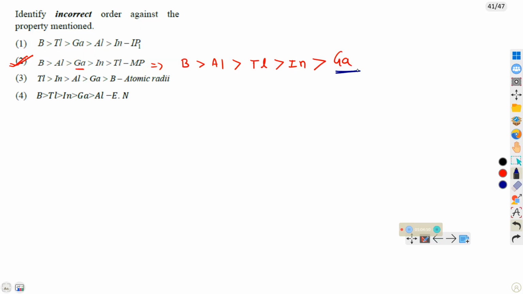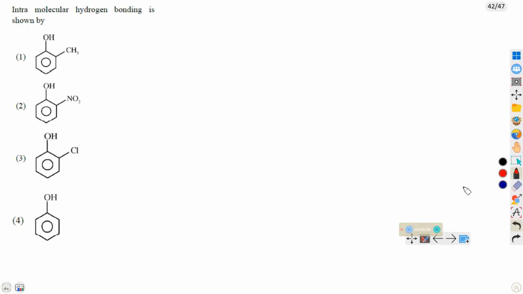Gallium melting point is lowest. That's the reason gallium is called as summer liquid. Intramolecular hydrogen bond is shown by orthonitrophenol.